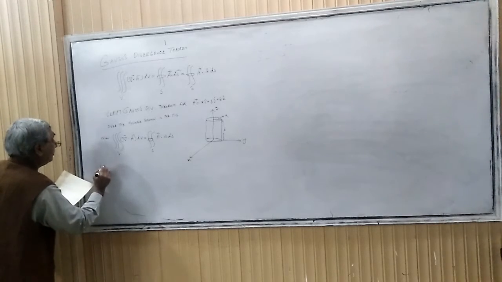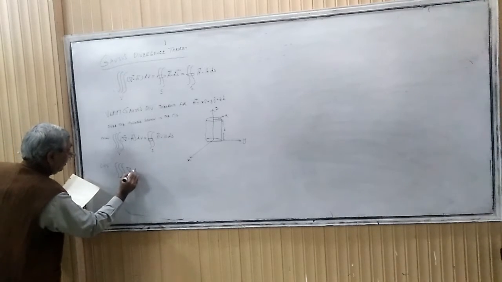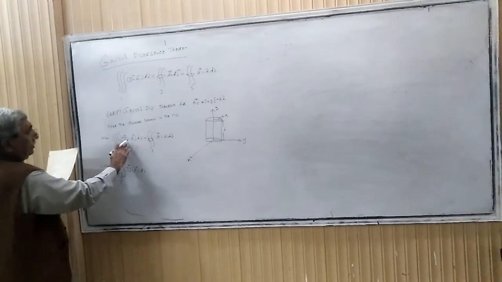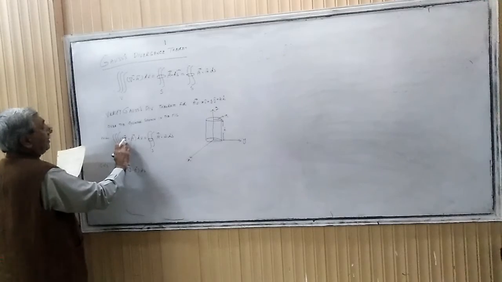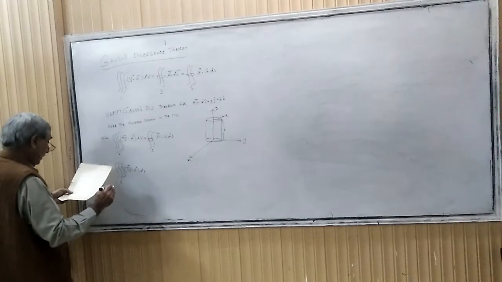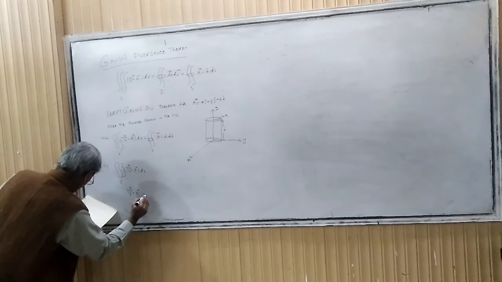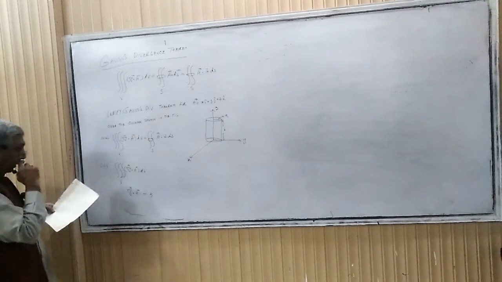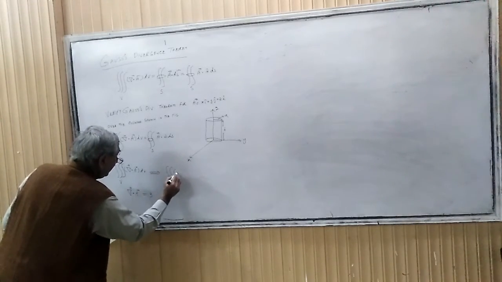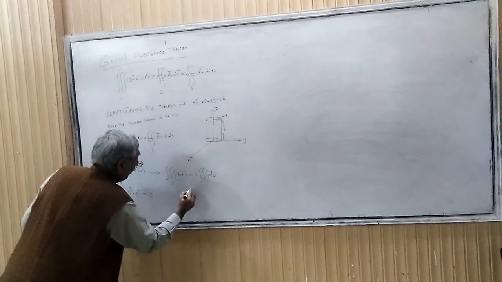So the left hand side is the integral of del dot A dV. Calculate del dot A. Now it is easy because A is this, so i del over del x plus j del over del y plus k del over del z dot that. If you calculate it, del dot A will be equal to 3. Then you will have the integral of 3 dV, and 3 is common, so it is 3 times the integral of dV, and dV gives the volume of the cylinder.